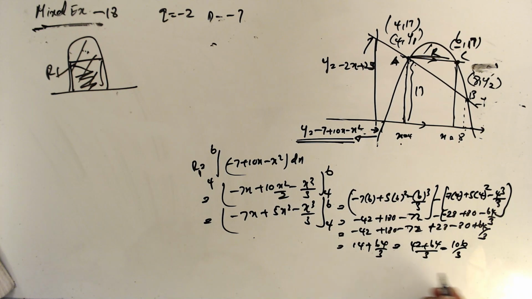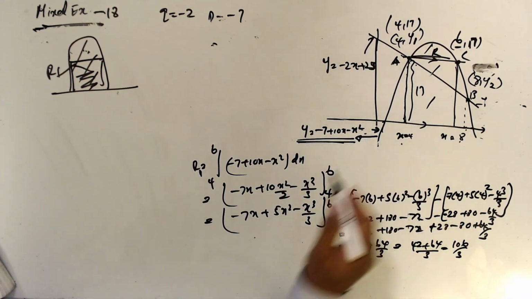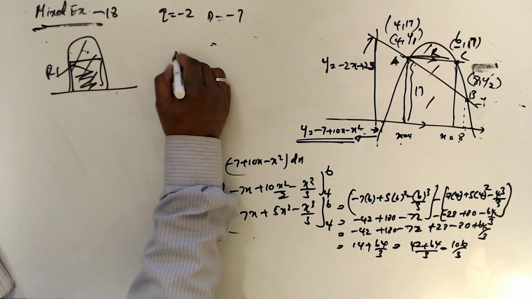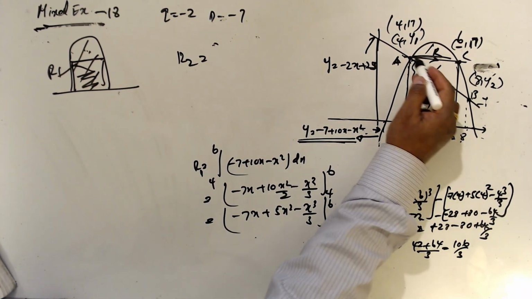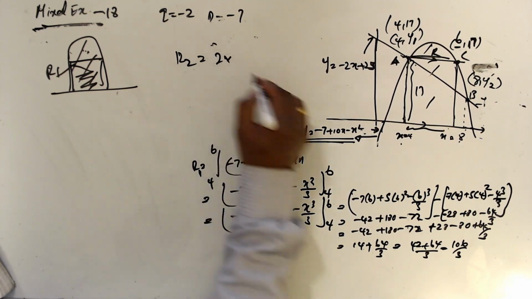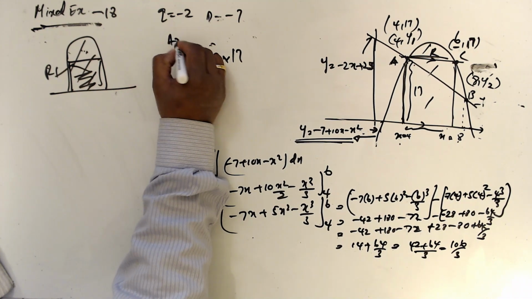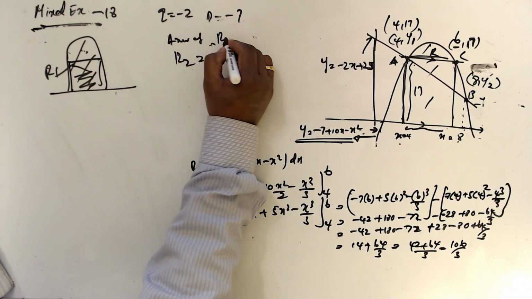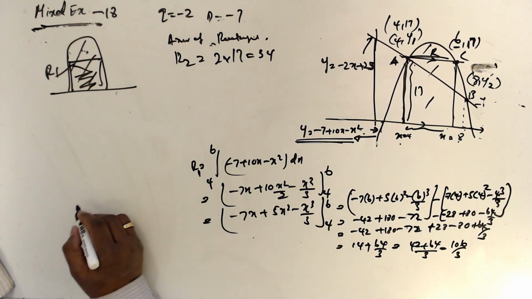106 over 3, and the rectangle, let's say that is R2. So this distance is 6 minus 4, which is 2, and this height is 17. So the area of the rectangle is going to be 34.